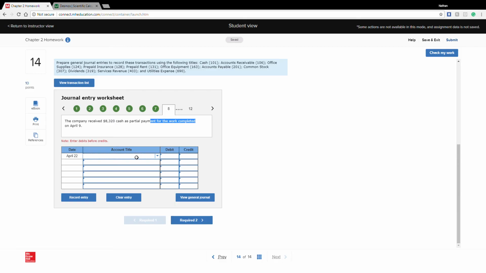So we must decrease their account receivable. But we get to increase cash. We got to make a deposit. Yay! Made a deposit. So $8,320, $8,320. Boom. Now we can go on to the next one.